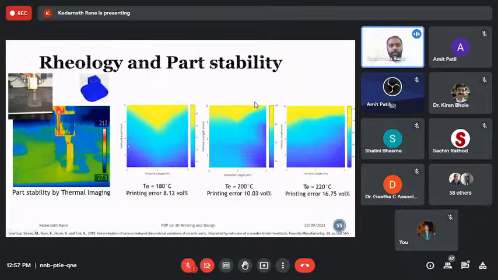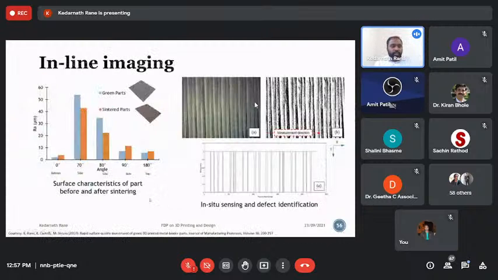If it is lower, then there is a cooling effect on the periphery, but there is a high temperature at the center, the core of the part. So it is again important to decide and fix the extrusion and deposition parameters. Again, it is toward the smart manufacturing that we are working on.